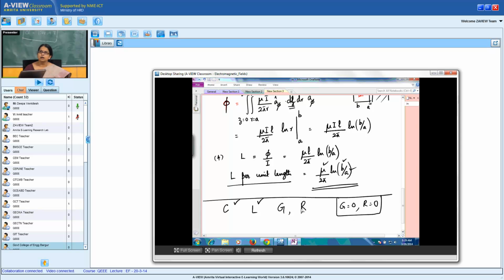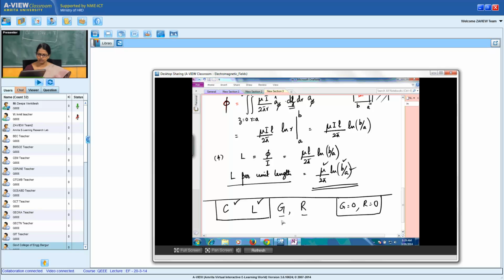But for non-ideal lines, you have a non-zero value for G and R. So as of now, we have calculated the parameters of an ideal transmission line. Yesterday we calculated C, today we have calculated L for an ideal transmission line using electromagnetic field concepts and Maxwell's equations. The next job is to find R.